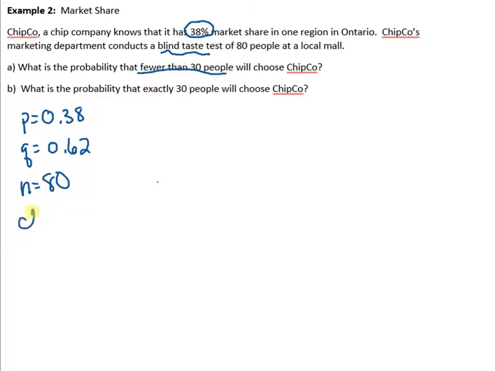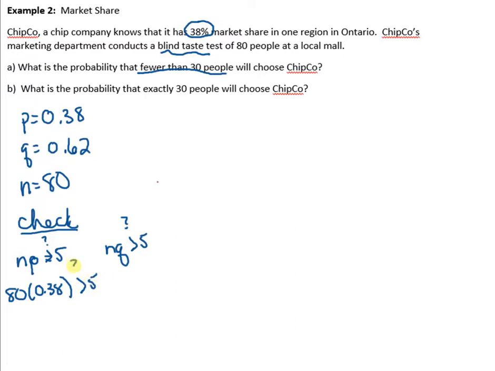Well, in order to check whether or not we can use the normal approximation to the binomial distribution, we need to check NP to see if it's greater than 5, and NQ, is that greater than 5? So 80 times 0.38, is that greater than 5? And then 80 times 0.62, is that greater than 5?